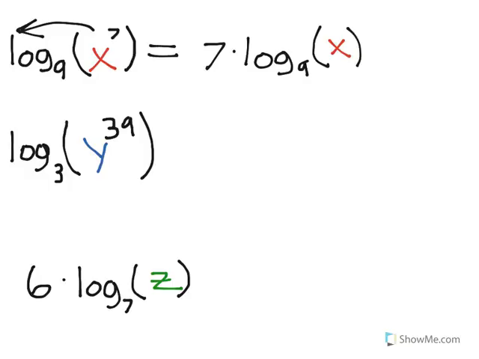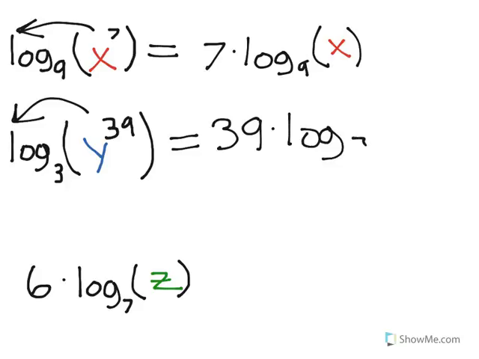Now pause the video here and try to solve the other two. Alright, how'd you do? We will see. Alright, so for the second one, you just bring down the 39 in front. Don't forget to keep the same base.